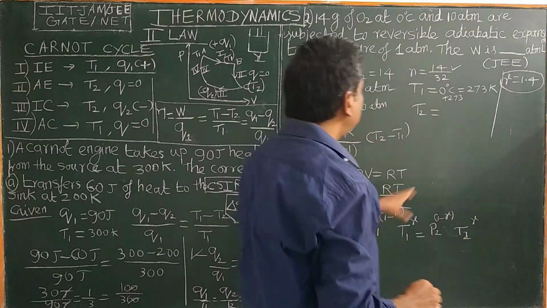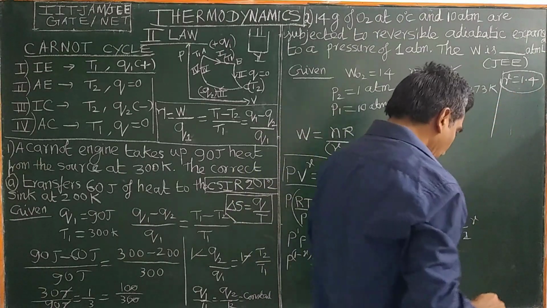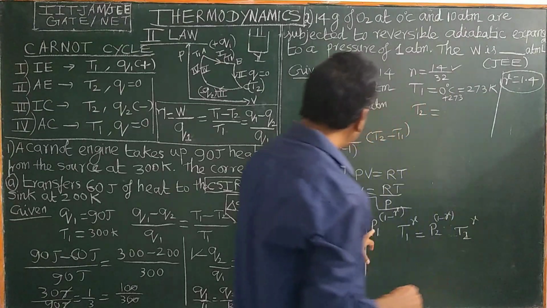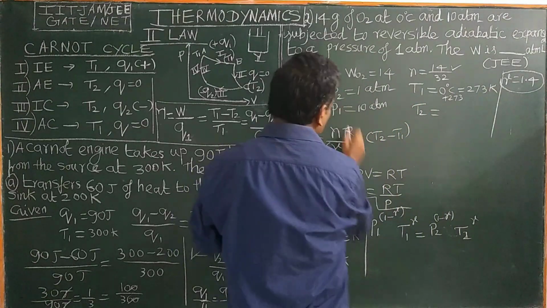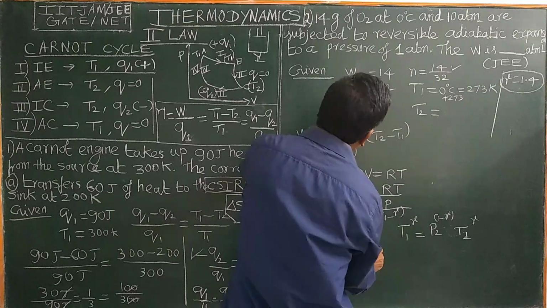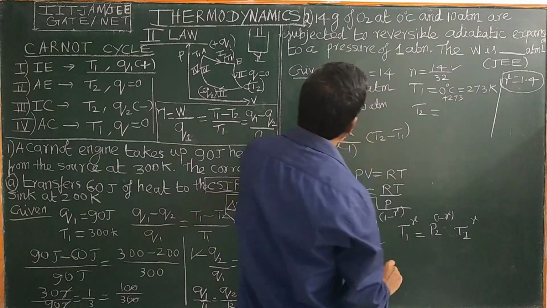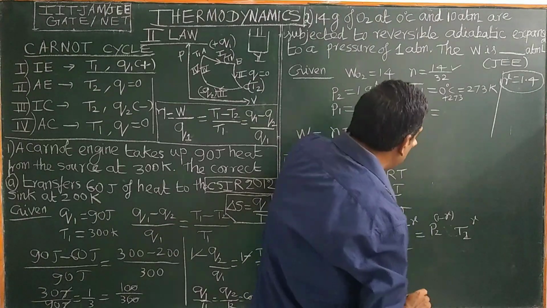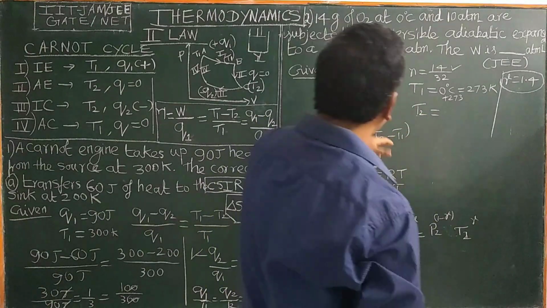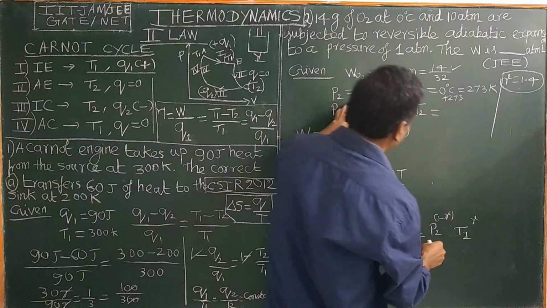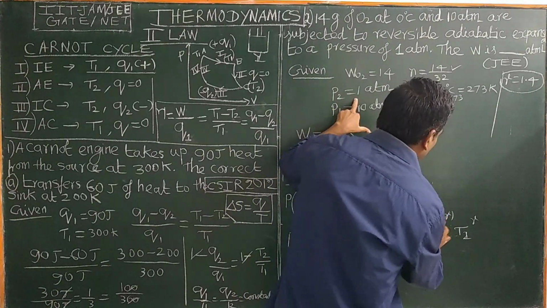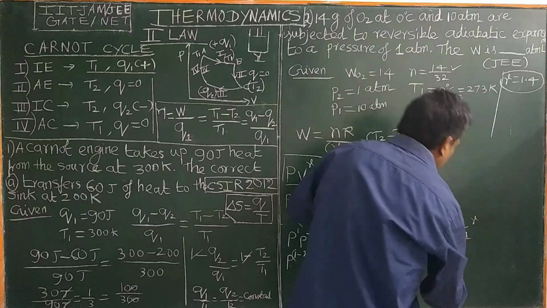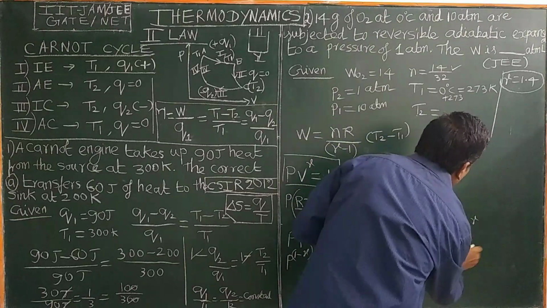Now you know that gamma equals 1.4, it is given, and P1 is given, so you put 10 atmosphere. You know T1, but you don't know T2, the final temperature. P2 is given as 1 atmosphere. So you can calculate T2.